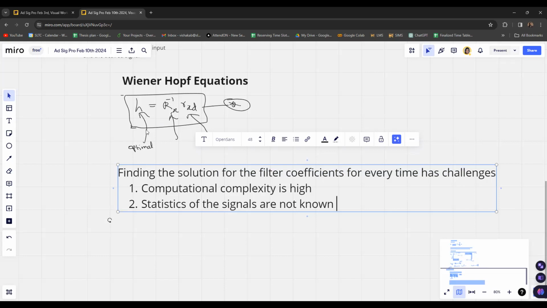In such cases, we are going to use some alternative algorithms. So the solution is for these challenges.